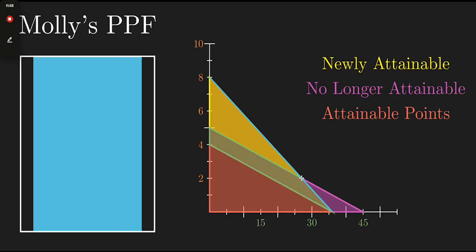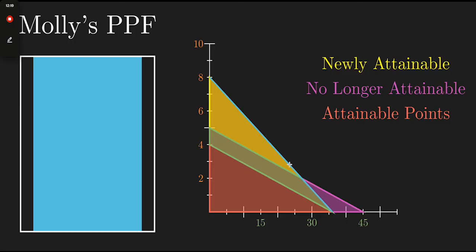Let's do one more. So we'll think about what this green region represents. These were the points that were attainable originally. They were under our original PPF. But as we cut back hours, we shifted in to this point.